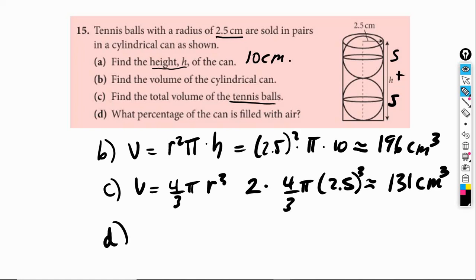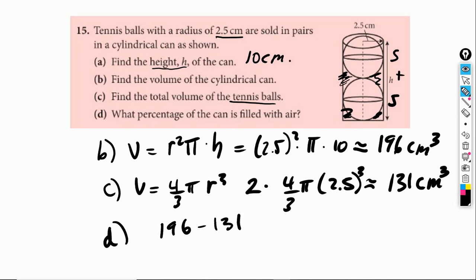Now for part D, they want us to find out what percentage of the can is filled with air. So what's filled with air? Whatever is left inside the can that is not filled by the balls, right? That just means the volume of the can minus the volume of the balls. So that should be the same as 196 minus 131.